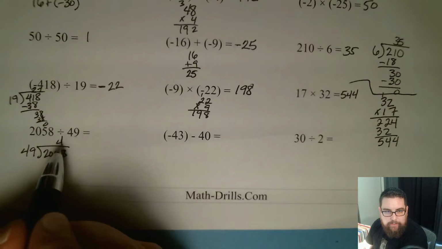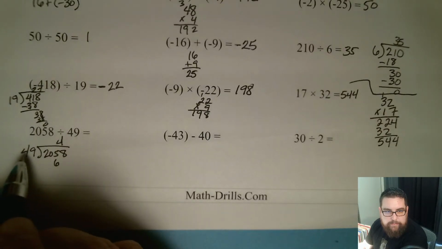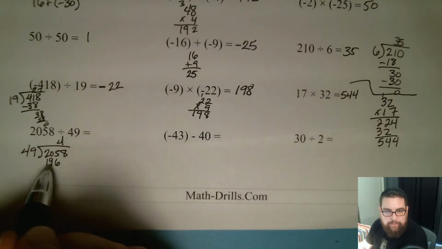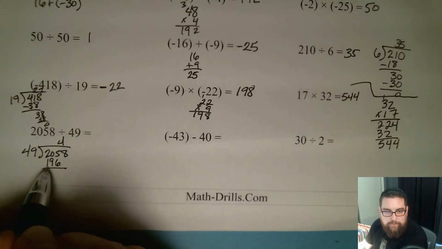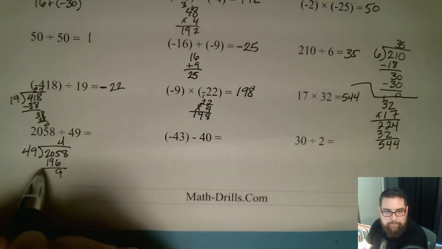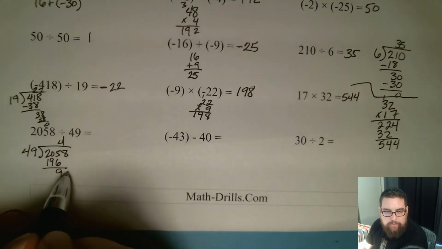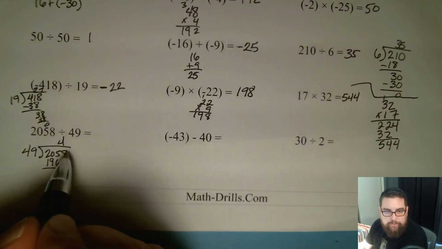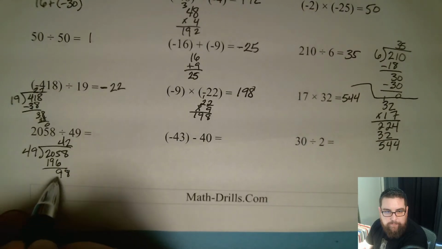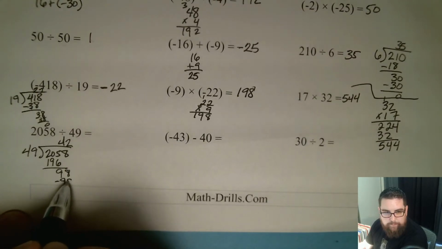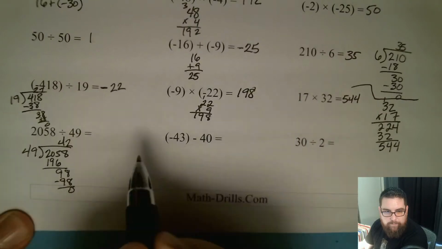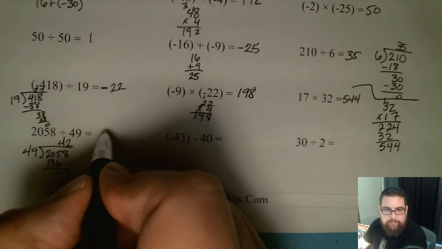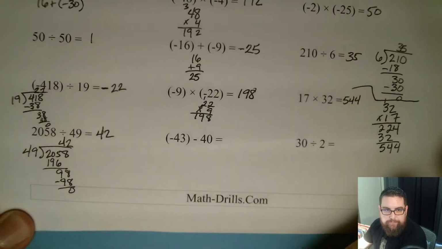Carry the 3. 4 times 4 is 16. Plus the 3 we carried is 19. We subtract, we get 9 because we borrow and everything. And we have 98. 49 goes into 98 2 times. Okay. And everything's positive, so we just have positive 42.